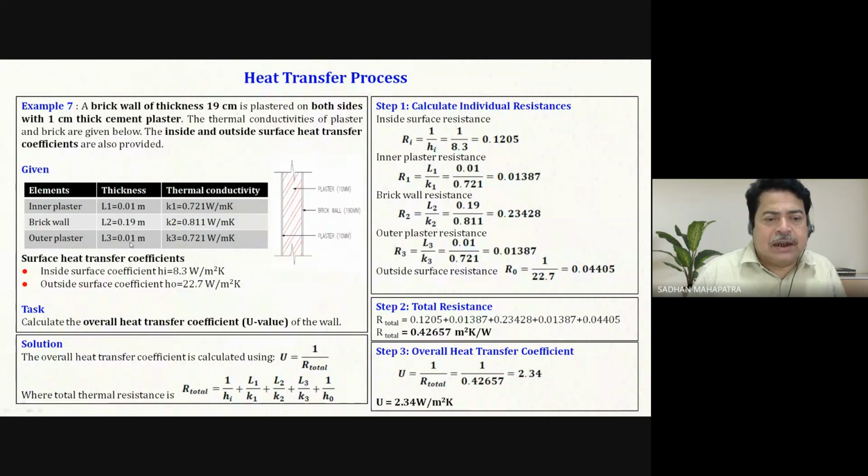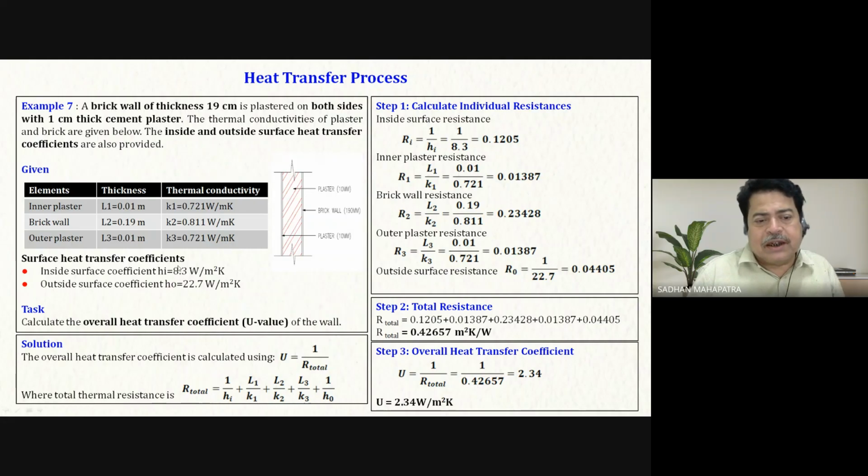The thicknesses are given. The thermal conductivity K1, of the inner plaster, is 0.721 watt per meter Kelvin. K2 is the brick wall thermal conductivity, and K3 is again the exterior plaster. Both plasters are the same material, so the thermal conductivities are also the same.